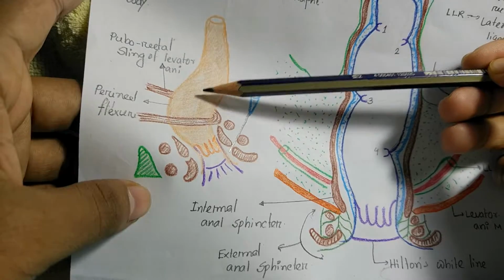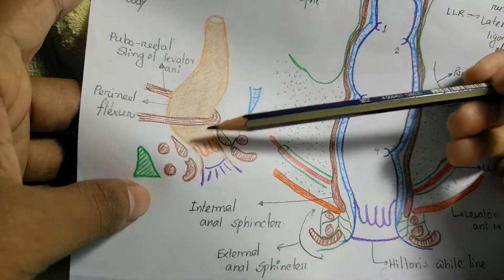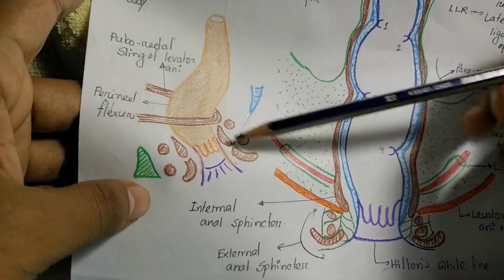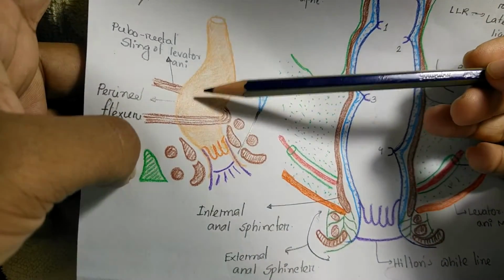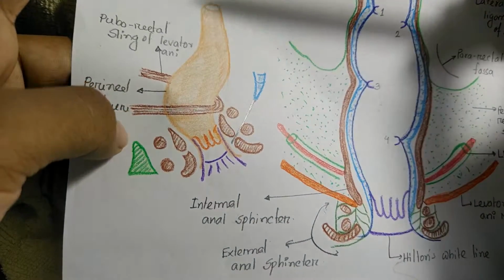It will make some time for storage initially. It will also give support to the valves. It will act as a valve. So this is called the puborectal sling of levator ani.